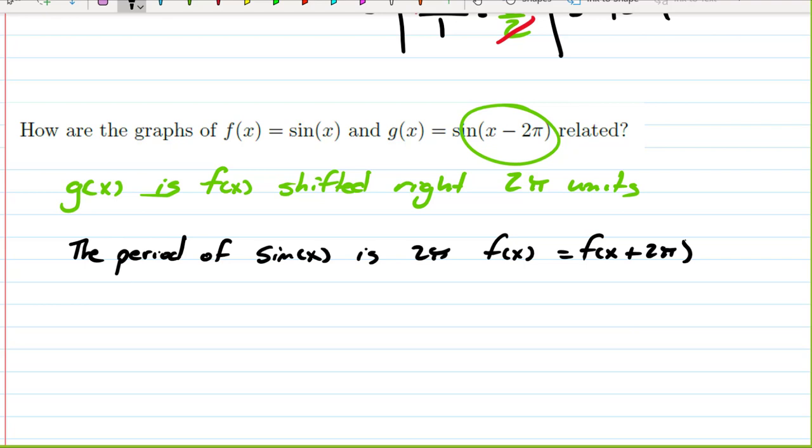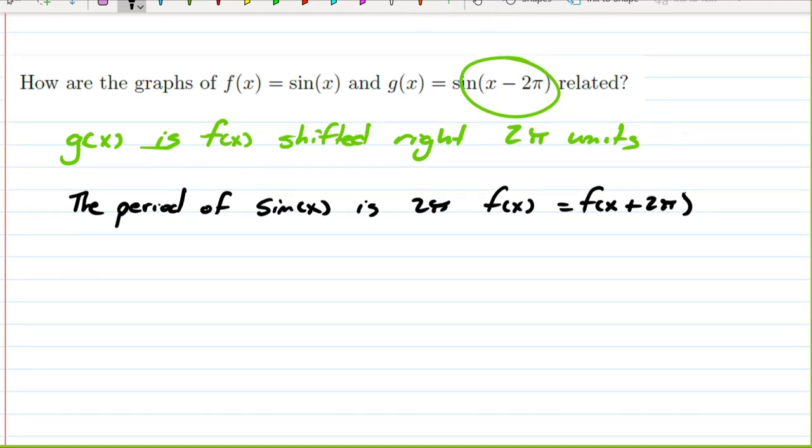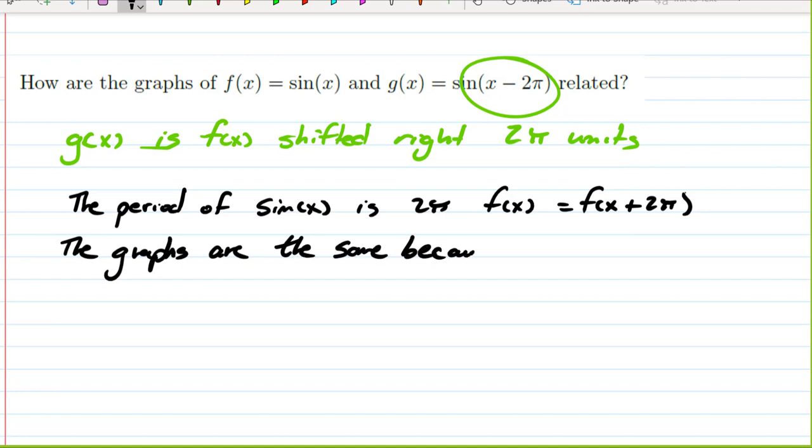So if we shift a graph 2 pi units to the right, what's going to happen? The graphs are the same, because sine is 2 pi periodic.